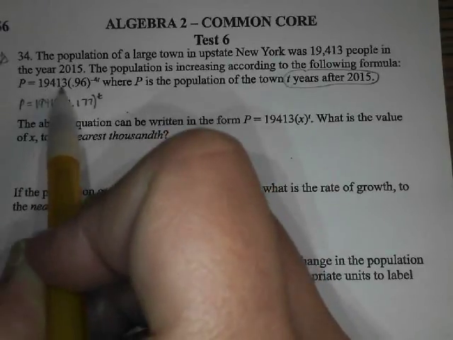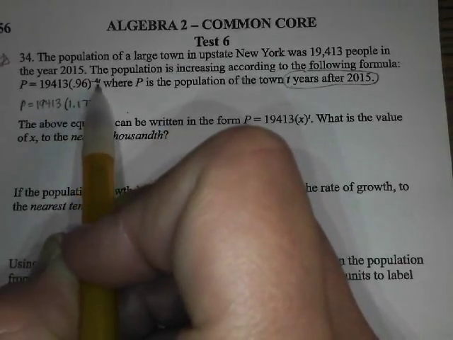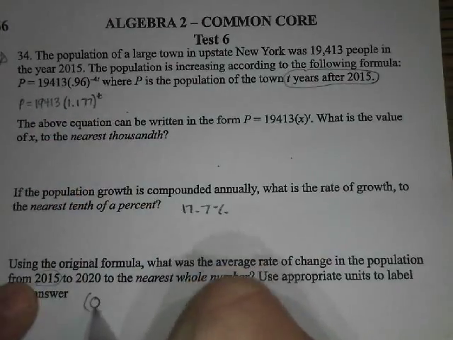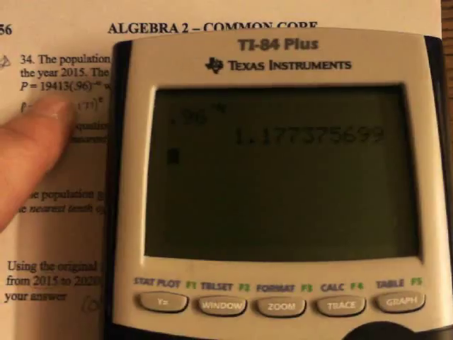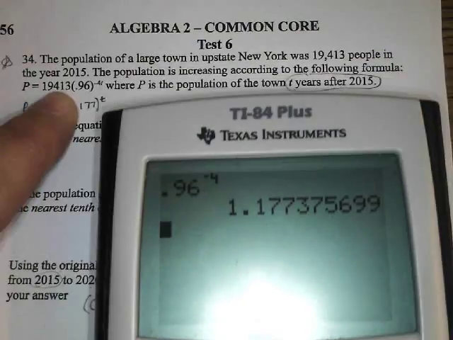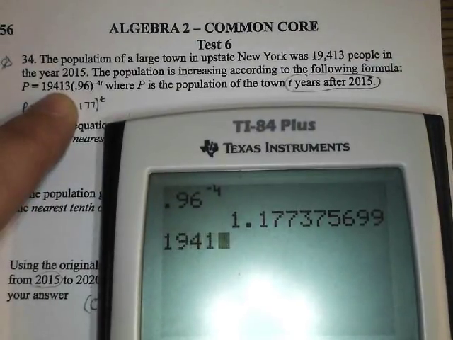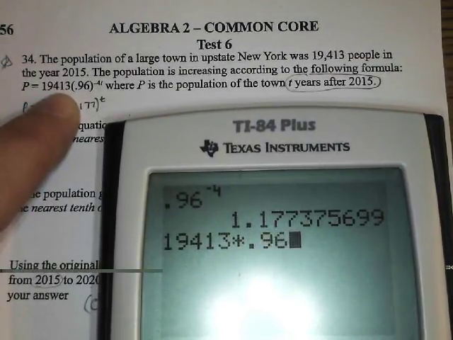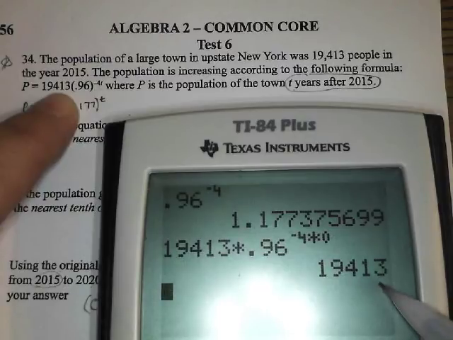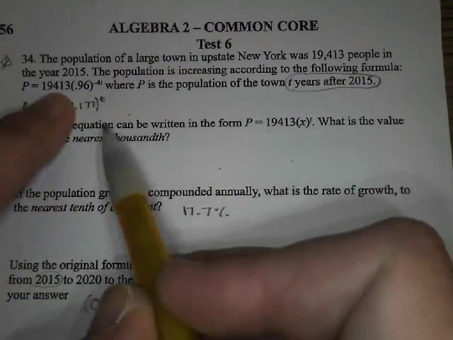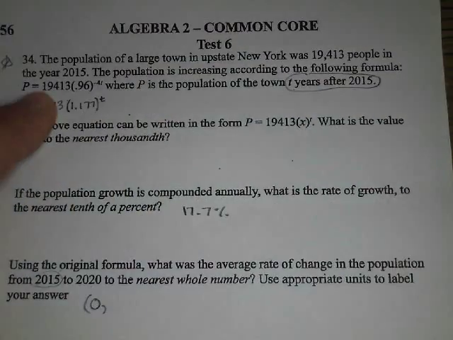So using the original formula, to figure out what's going on in 2015, what am I plugging into the original formula? 0. So the first point will be 0, comma, and I'm just going to plug this into the first equation. 19,413 times 0.96 raised to the negative 4 times 0 power. 19,413, I should have known that, because when you plug in year 0, that's just your initial population.